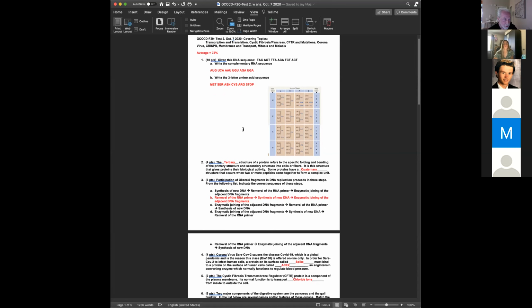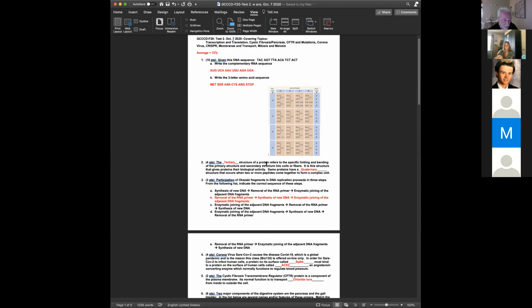Okay, the second question is about protein structure. It says, the blank structure of a protein refers to specific folding and bending of the primary and secondary structures. So that immediately tells you that the answer is not primary or secondary.